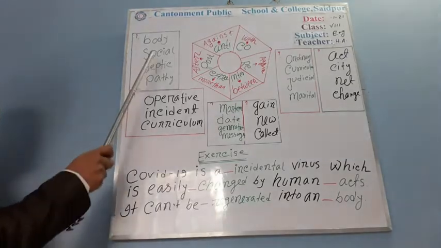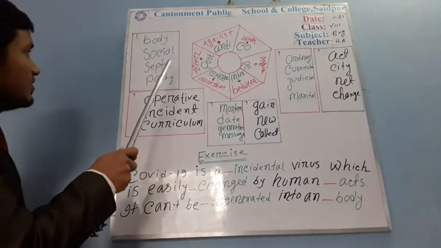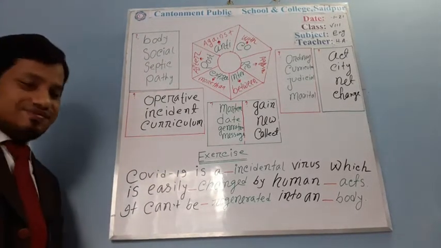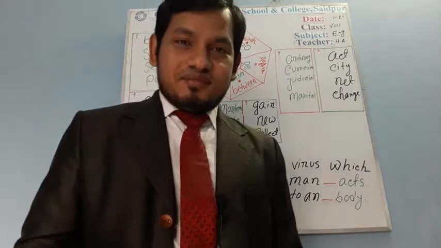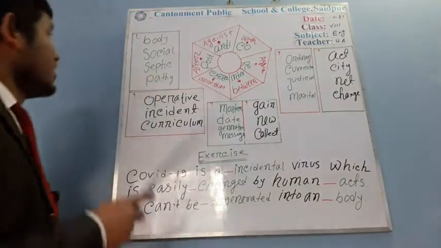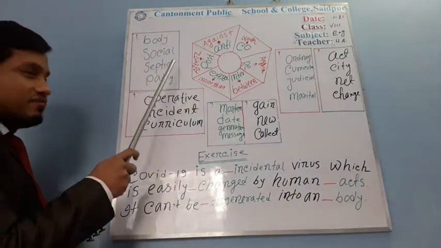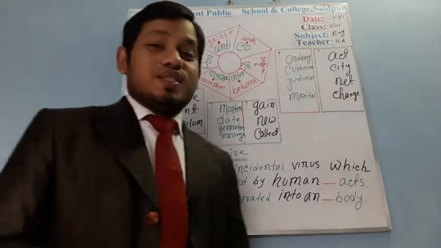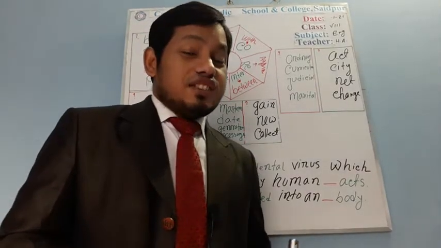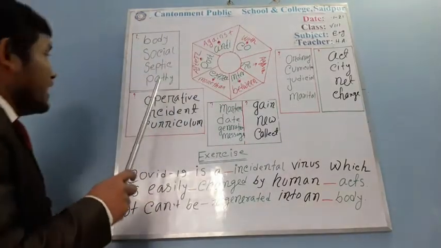Learners, the next word is social. Here you can see antisocial. Okay, antisocial means against society. Like this, antiseptic. Sometimes we use some liquids as antiseptic. Okay, pathy.